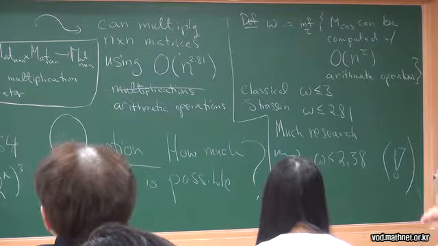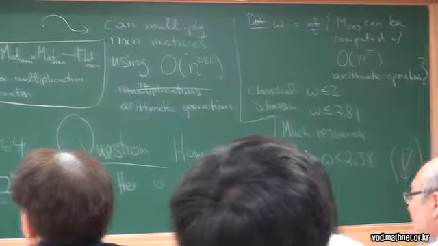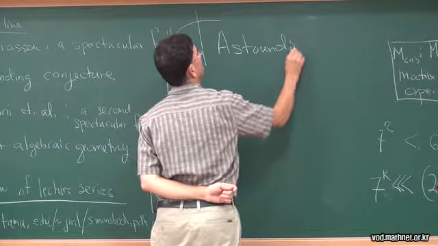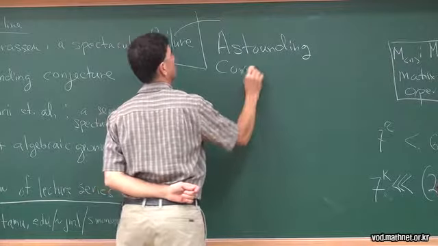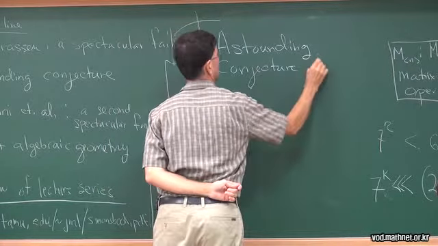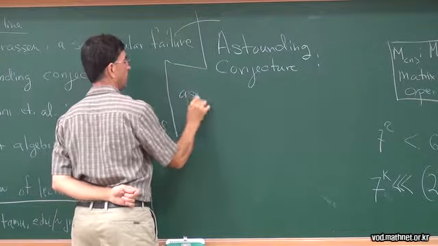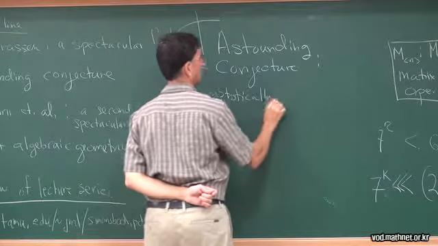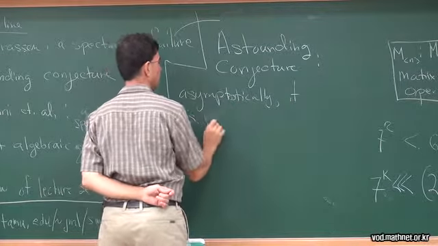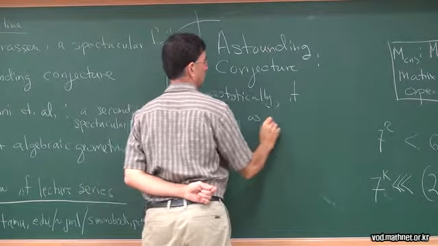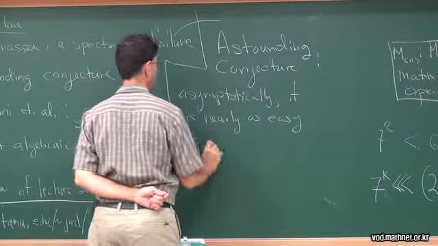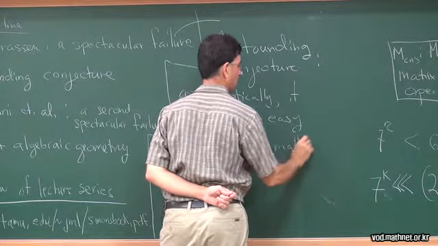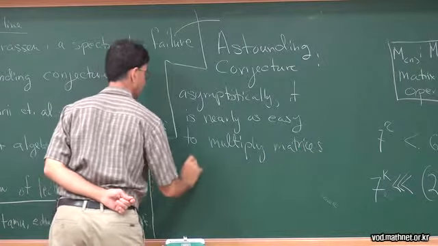And this has led to a rather astounding, maybe even shocking, conjecture that asymptotically it is nearly as easy to multiply matrices as it is to add them.